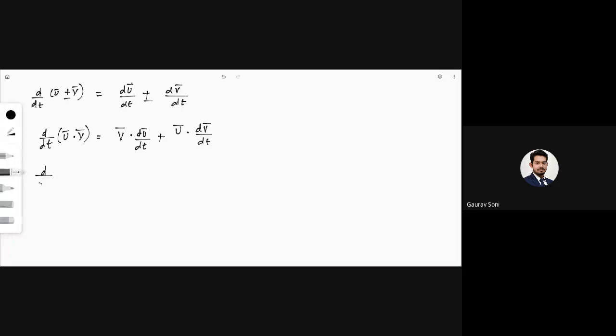So d by dt of u bar cross v bar will be du bar by dt cross v bar plus u bar cross dv bar by dt.